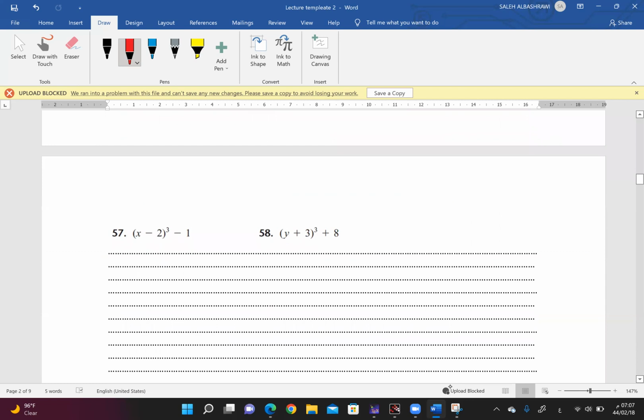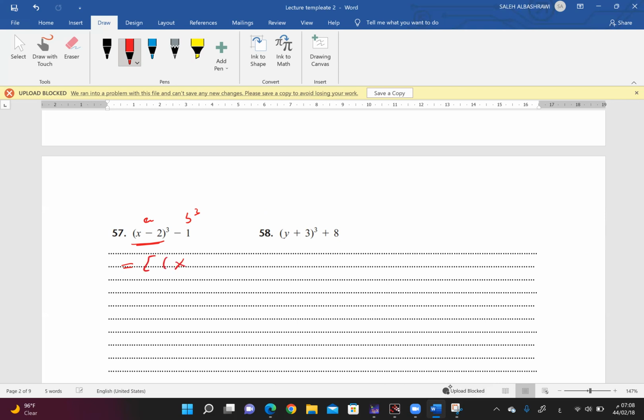Number 57, I have x minus 2, all to the power 3, minus 1. This again will be the first one. Now this is a and this is b. The whole bracket is a and 1 is b, or b to the power 3, because 1 to the power 3 is equal to 1. So we'll have to factor this.